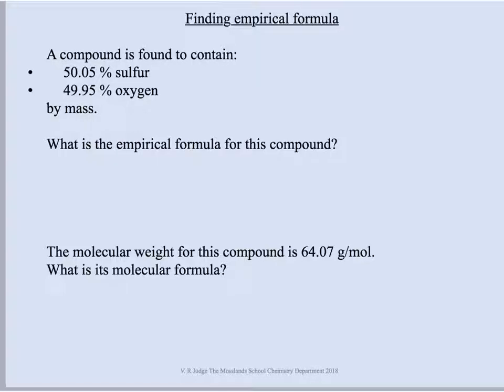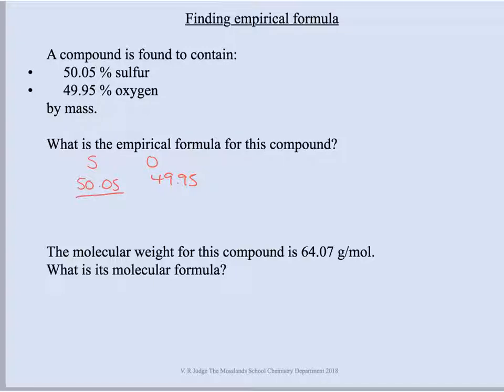So the steps for calculating empirical formula from percent by mass are to, first of all, for each element, so sulfur and oxygen, you divide the percent by mass, so that's 50.05 in this case, and 49.95 for oxygen. You divide those percent by mass by the relative atomic mass of those elements.